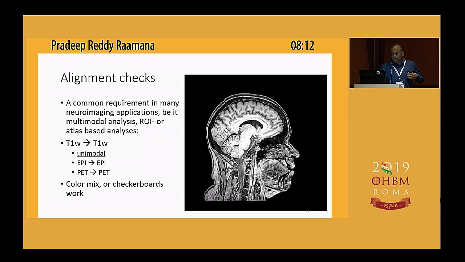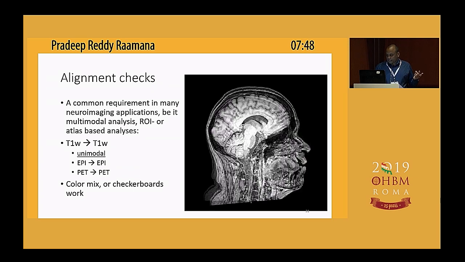And one more important use case for QC in T1 weighted MRI is knowing how to do alignment checks quickly. This is a common requirement, especially if you need to ensure alignment to an atlas, for example. There are many ways to do this.